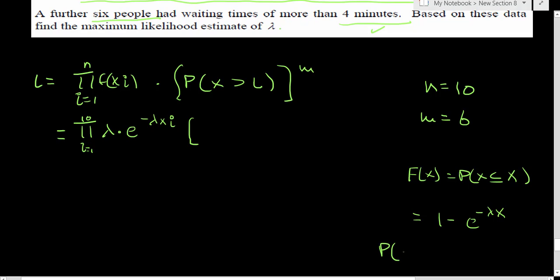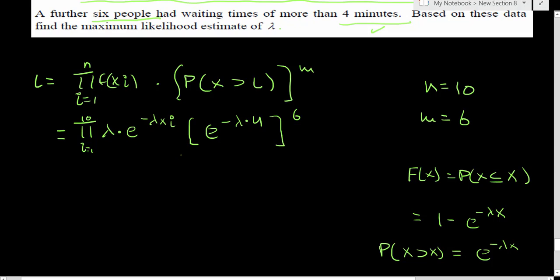So the probability of X being greater than x is 1 minus this, so it is e to the power of minus lambda x, right? That is what this is, where x is the value which these values are supposed to exceed. Okay, so it is e to the power of minus lambda into 4 and whole to the power of 6. Okay, so that is what I have here, right?